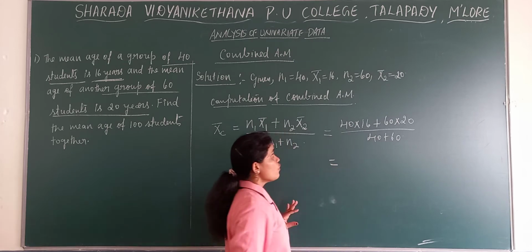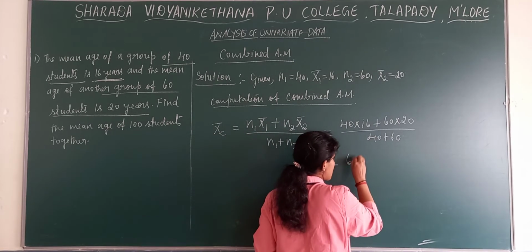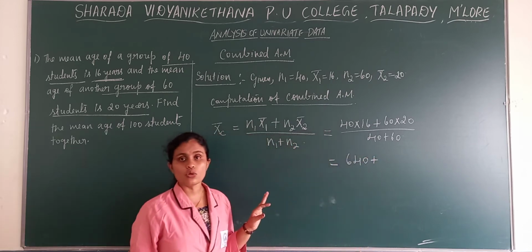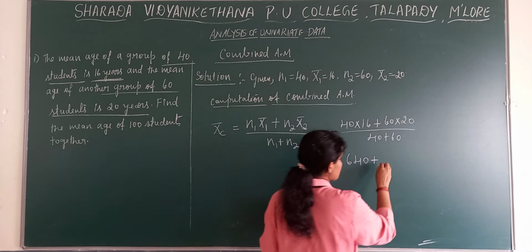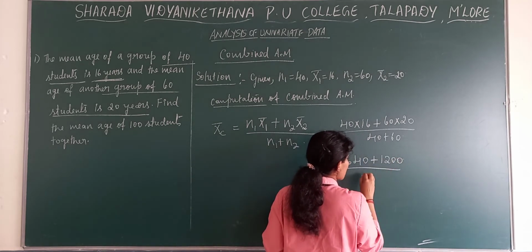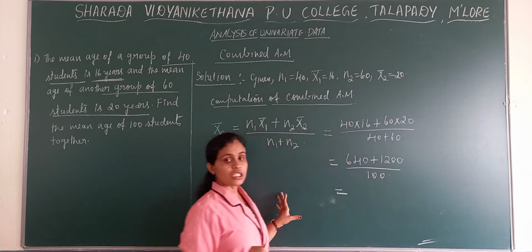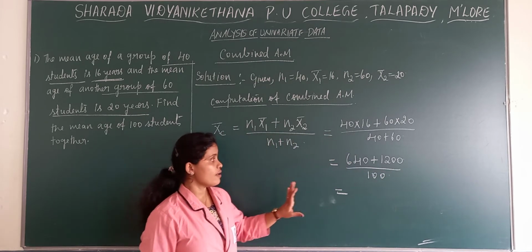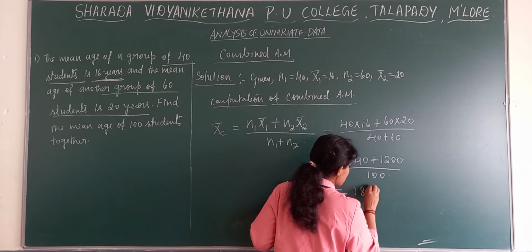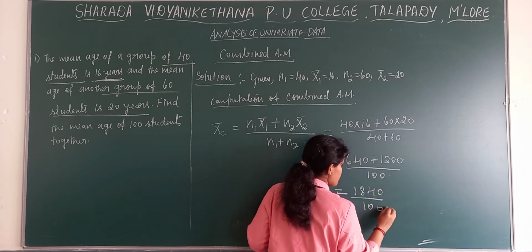Now 40 into 16 gives 640, plus 60 into 20 gives 1200, divided by 40 plus 60, which is 100. Now 640 plus 1200, when we add that, we get 1840 divided by 100.